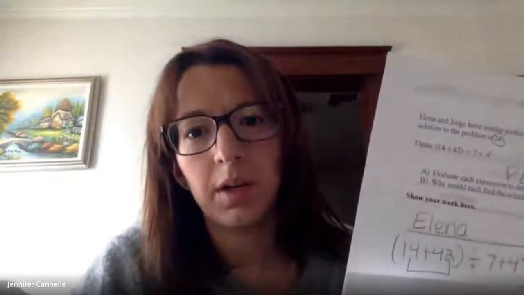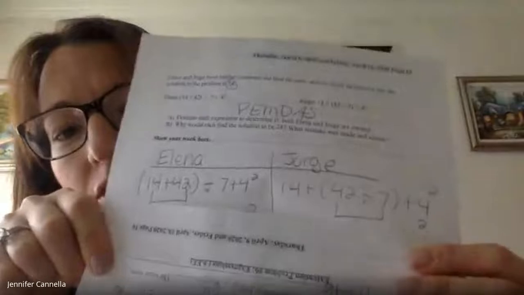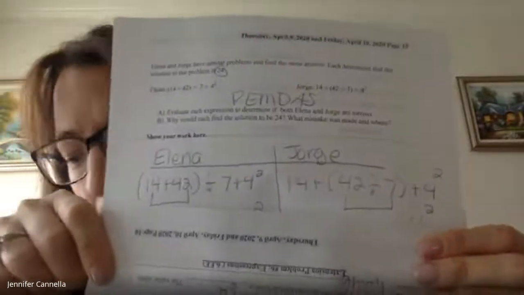Okay, so you're going to make your T-chart. That's the first step. I'm going to show you. I made my T-chart and I just rewrote the expressions. That's all I did. Everyone write that down on their paper.